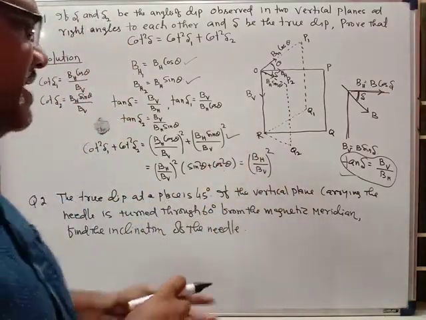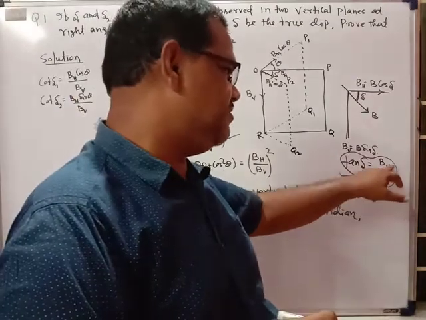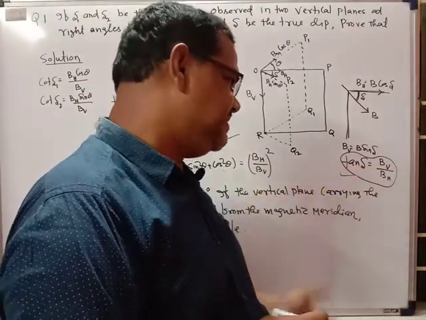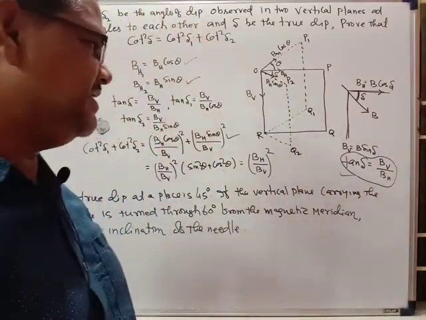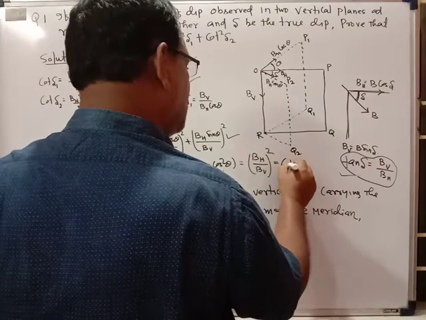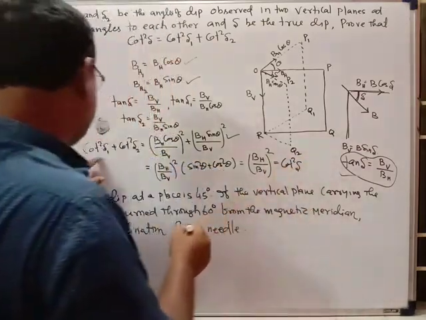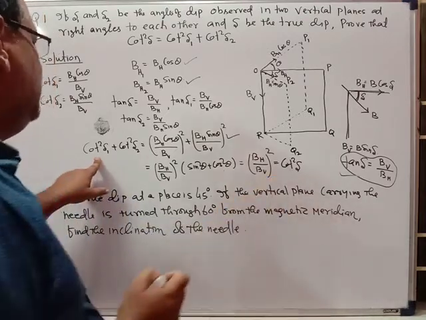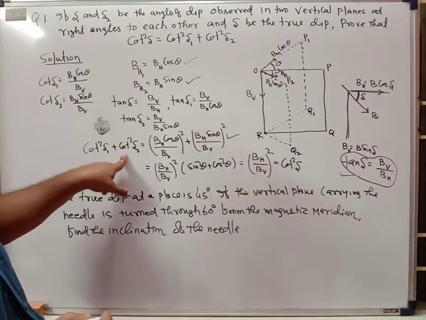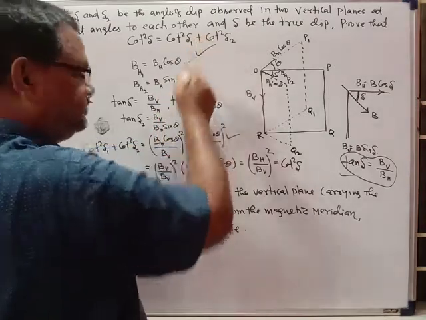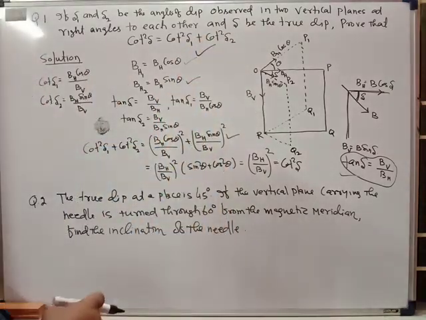And BV by BH, vertical component by horizontal component, equal to tan delta, means if you reverse it, horizontal component by the vertical component, it will be the cot delta. So this is equal to cot square delta. So we are finding that cot square delta is equal to cot square delta 1 plus cot square delta 2. That part is proved.